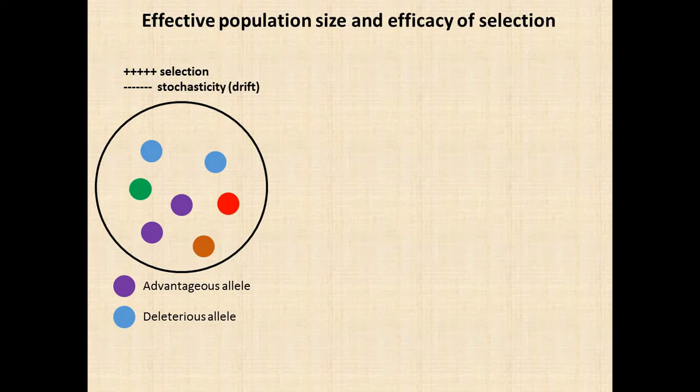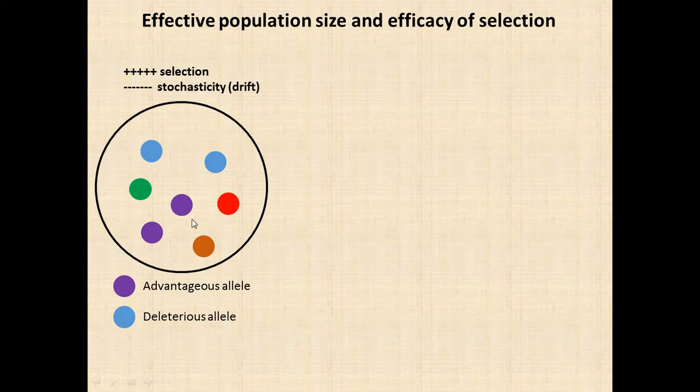So if we continue on this idea, how will effective population size affect selection? Imagine a case close to our Hardy-Weinberg situation with a large panmictic population, etc. But there is going to be something which will deviate from our Hardy-Weinberg equilibrium, which is having selection, and there will be an advantageous allele for this specific environment, let's say, and a deleterious one.